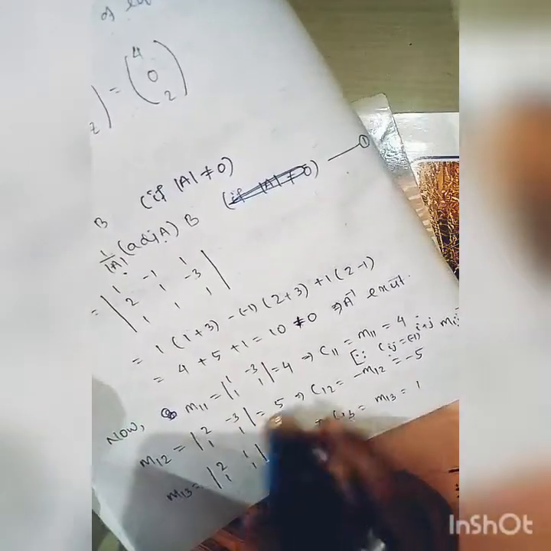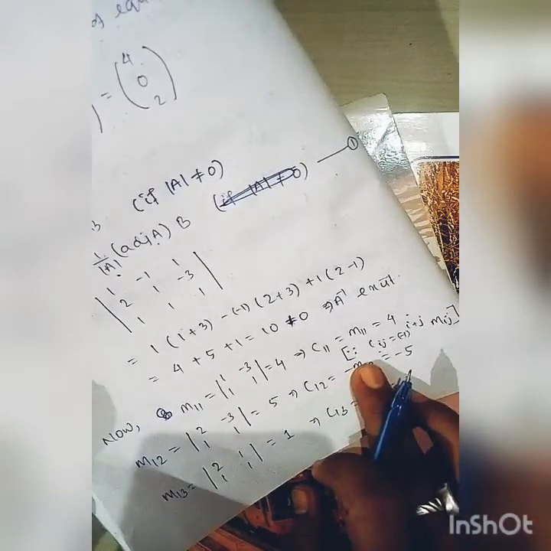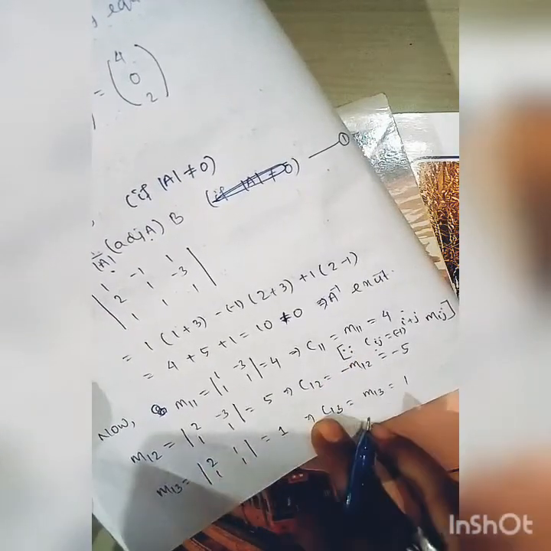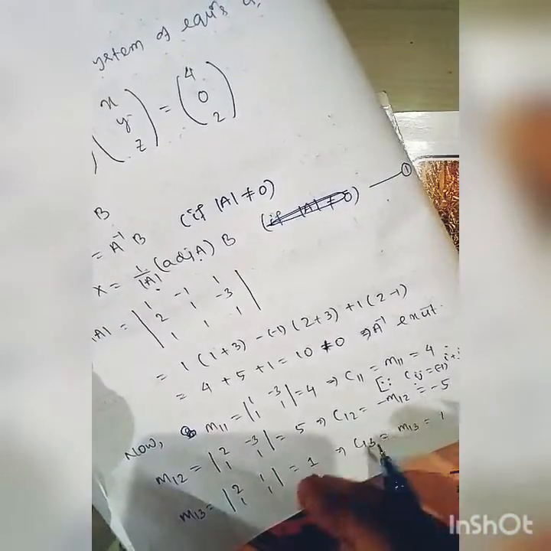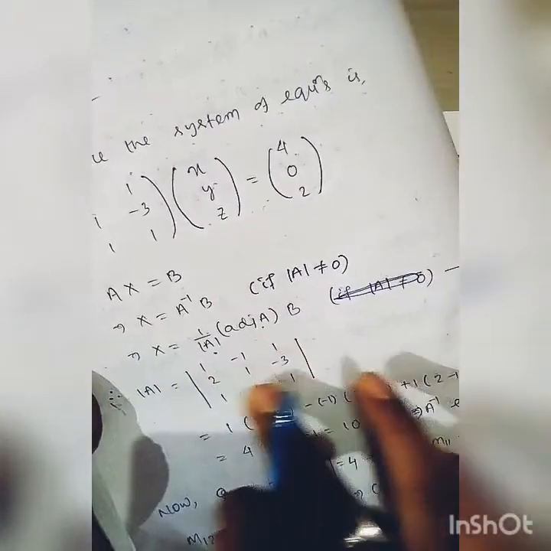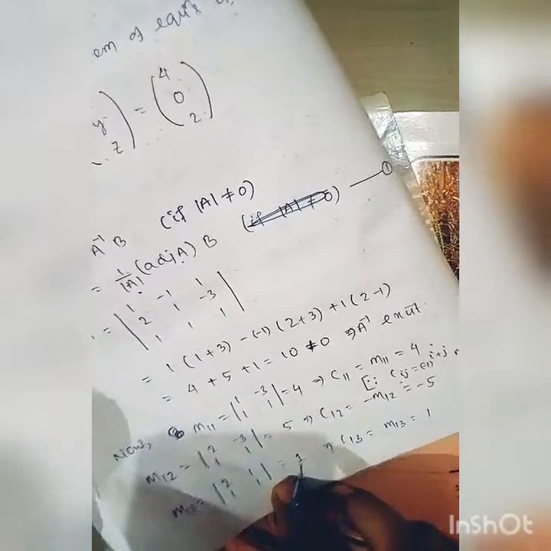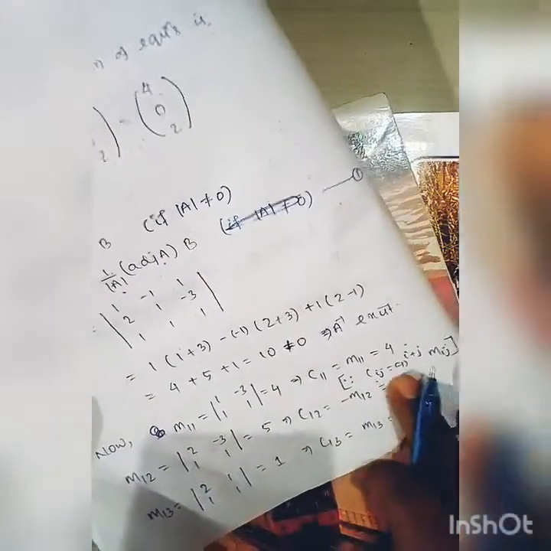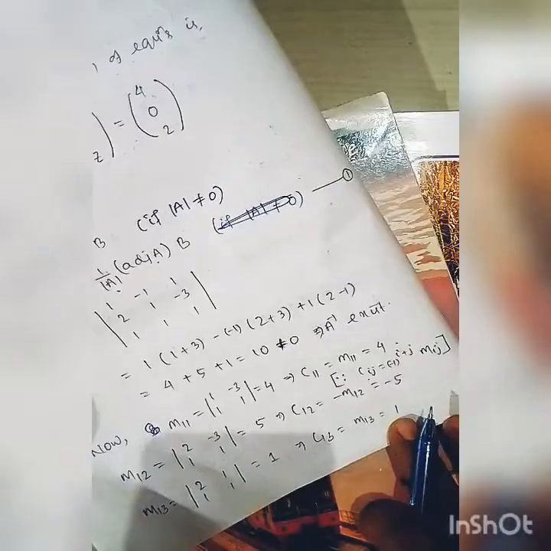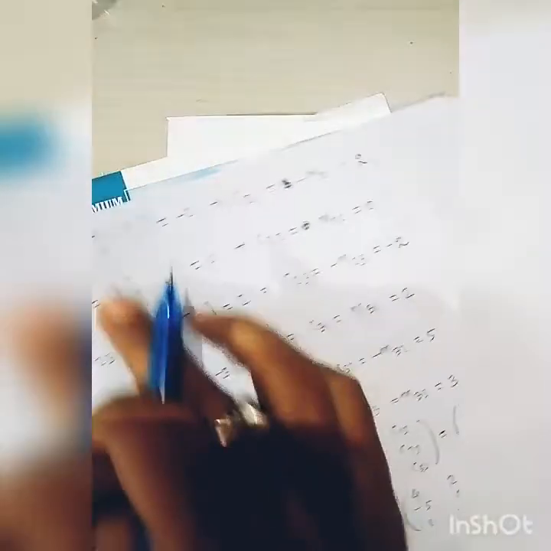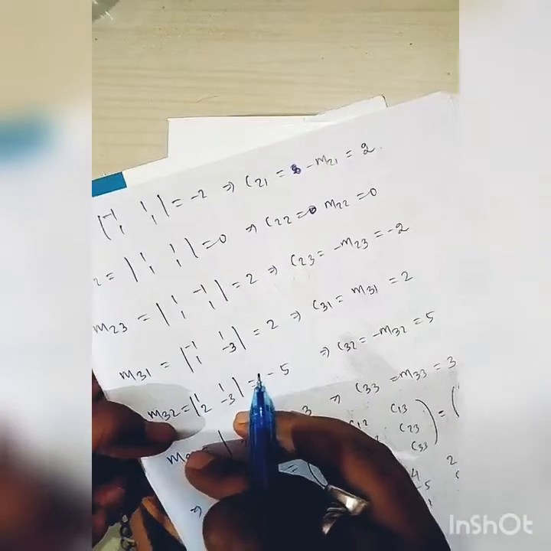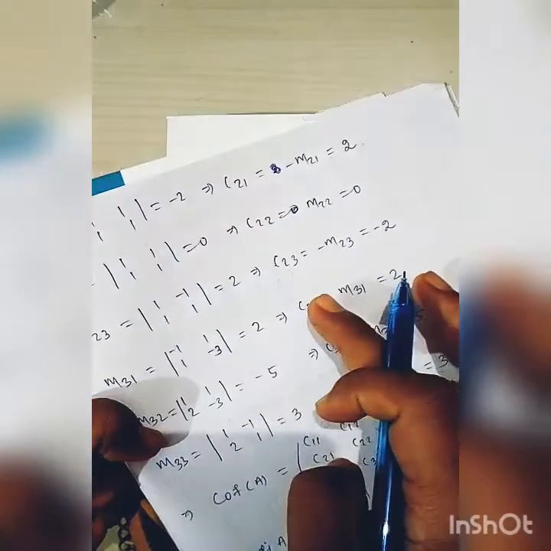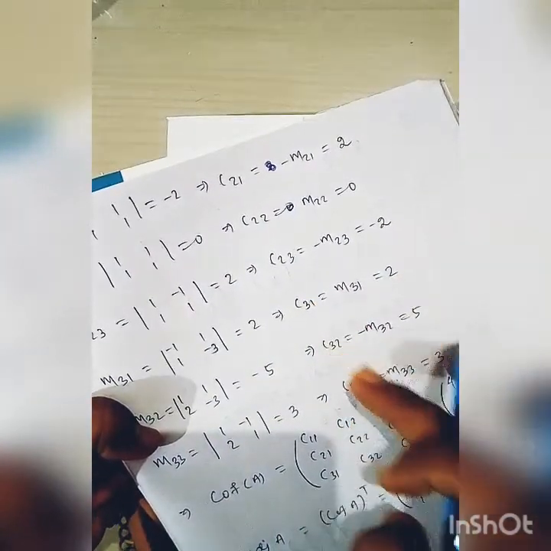Similarly M12 equal to this, C12 equal to this, which is minus M12. Similarly M13 is obtained by eliminating the first row and third column, that is the determinant 2 1 1 1, so obviously C13 equal to M13 by using this formula, that is 1. Similarly we find M21, M22, M23, M31, M32, M33, that is C21, C22, C23, C31, C32, C33.